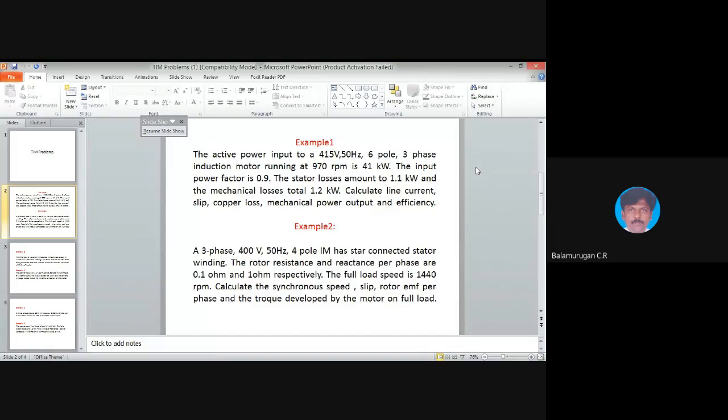Okay, shall we move to the next problem? Are you having any doubt in this first problem? If not, we'll move to the next problem.